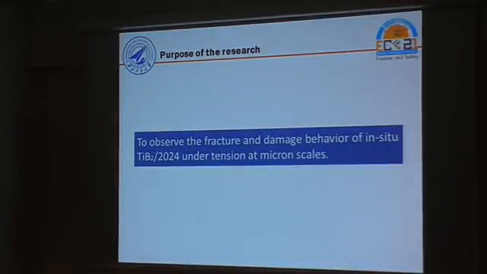So the purpose of our research is to observe the fracture and damage behavior of in-situ titanium diboride 2024 under tension at micro scales.